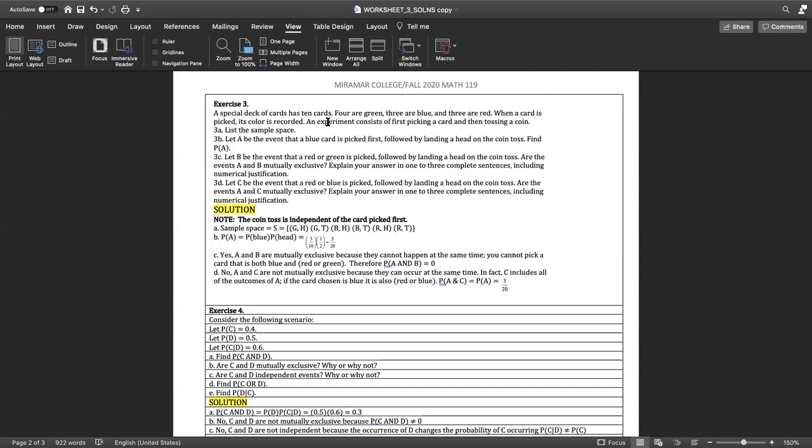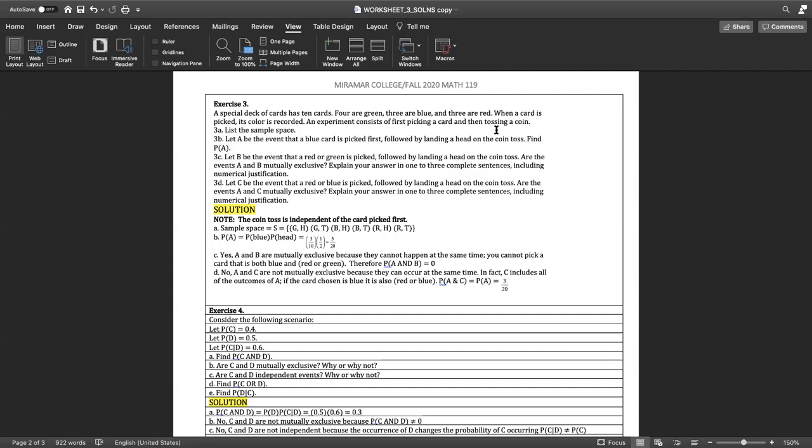And here's a joint experiment where we pick a card out of this special deck, and then we toss a fair coin. If we say toss a coin, we assume that the tosses are equally likely. That is, the probability of a heads is a half, and the probability of a tails is a half.